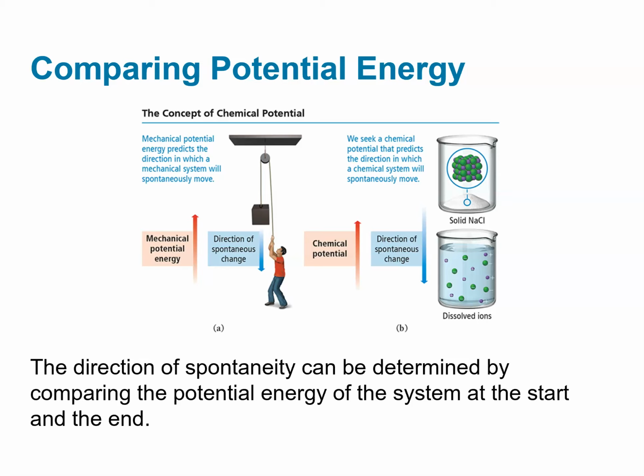And the reason a salt like sodium chloride dissolves is because the system of dissolved ions in solution is lower in total chemical energy than it was as a solid. That's why it spontaneously will separate those ionic bonds, forming new interactions between the ions and the water.